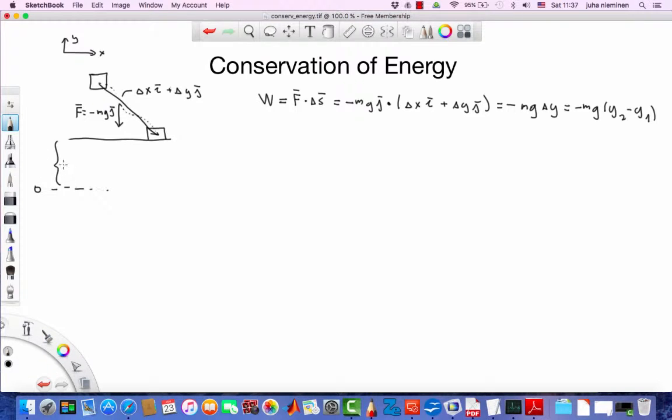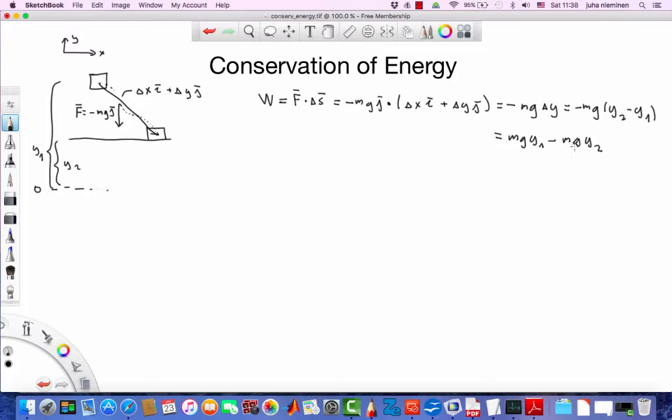Of course this is the final altitude, and then the initial altitude or height is like this. And we get mg y1 minus mg y2. So this is the work done on the object by gravity.